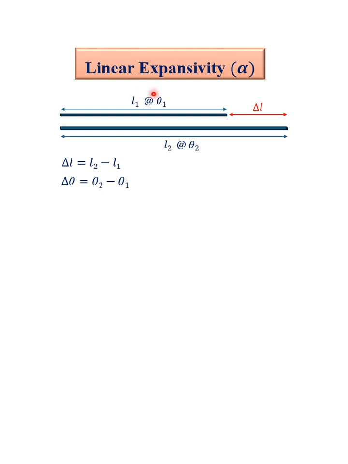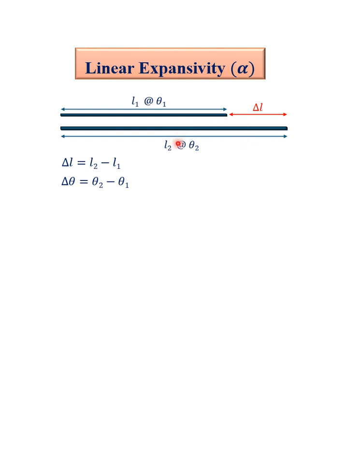So what is linear expansivity? First of all, the word expansivity means expansion, something that is increasing. Linear simply means the expansivity or the expansion is happening in a straight line. So as you can see, a rod increases in length linearly.